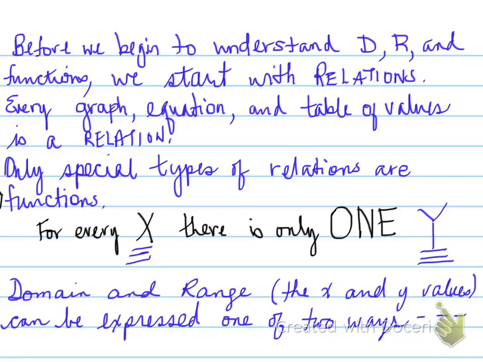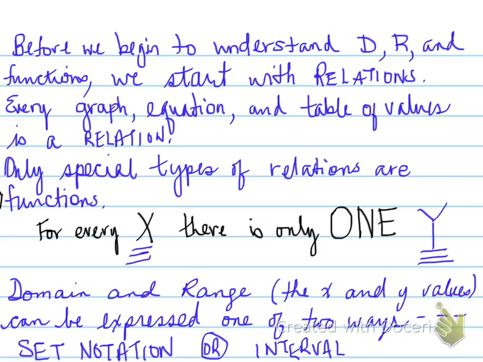In grade 11, we look at set notation to express the domain and range. In grade 12, we learn interval notation. I am going to introduce both a little later on so that you understand how to do both, but specifically I'll be testing for set notation in grade 11.